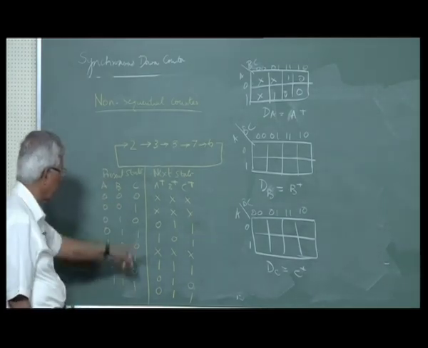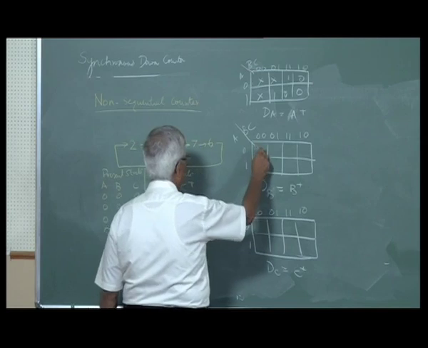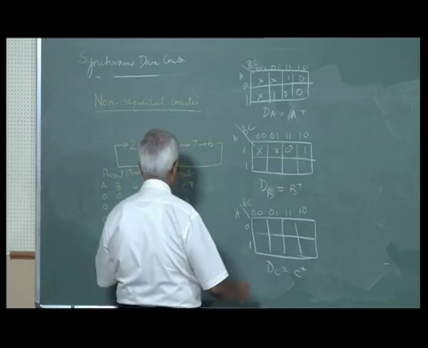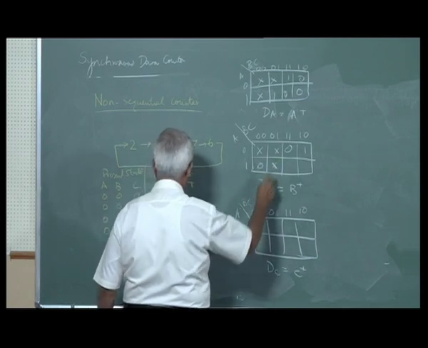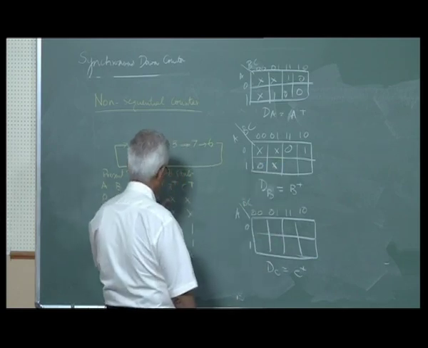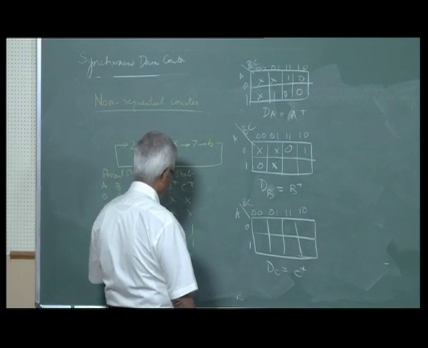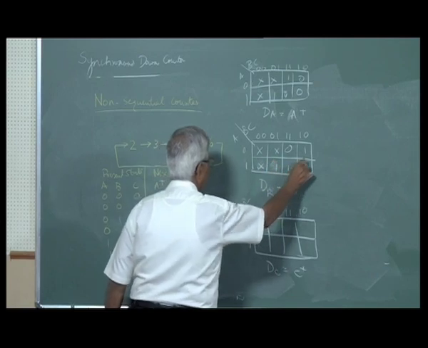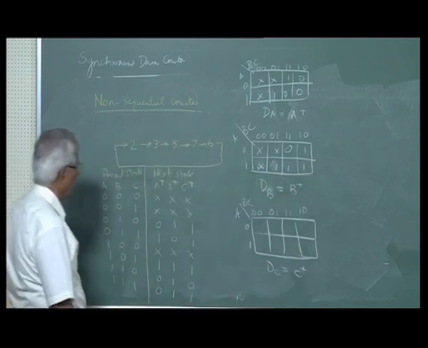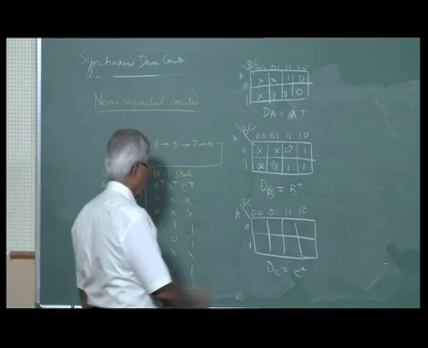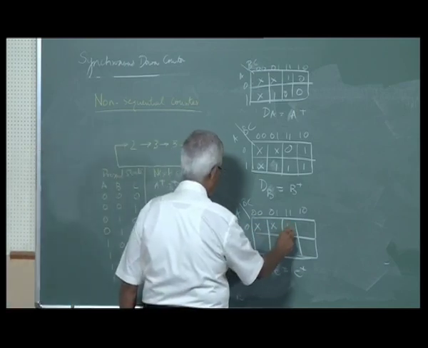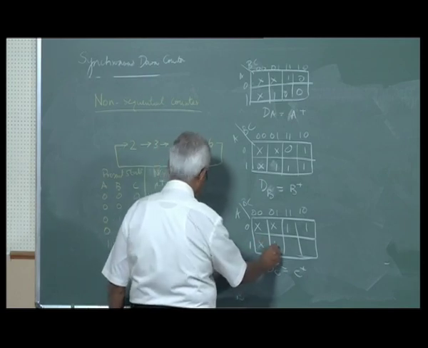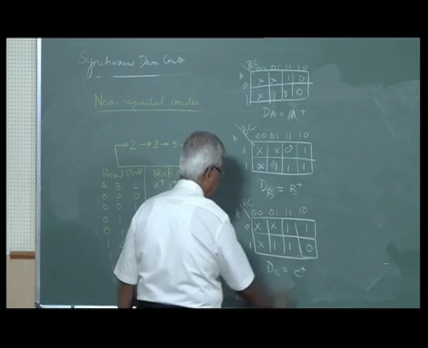DB: don't care, 1 0, 0 don't care, I am sorry, don't care 1 0, don't care 1 1 1. DC: don't care 1 1, don't care 1 0 1.